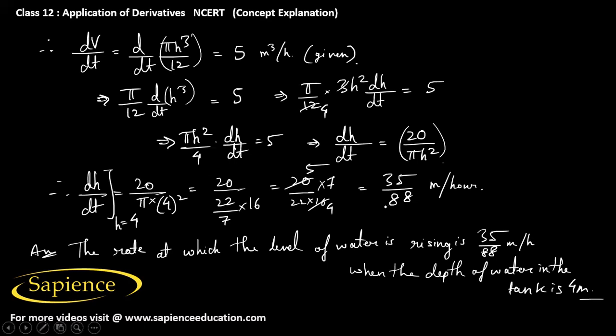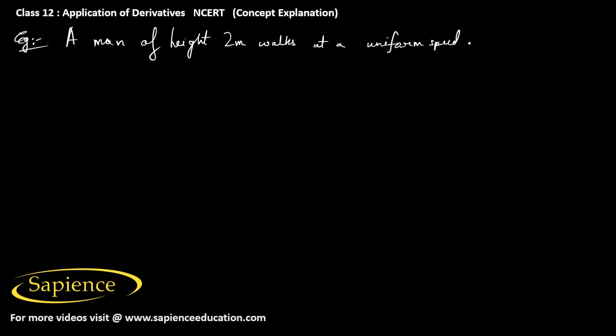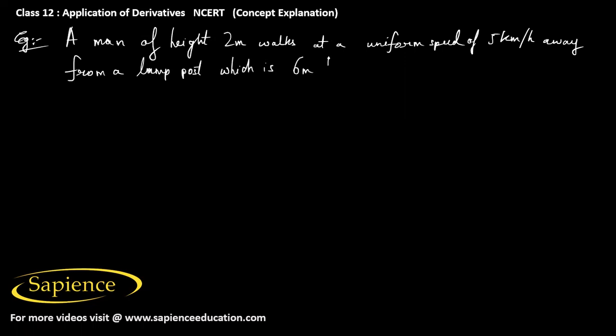Suppose it is asked that a man of height 2 meters walks at a uniform speed of 5 kilometers per hour away from a lamp post, which is 6 meters high, and then find the rate at which the length of his shadow increases.